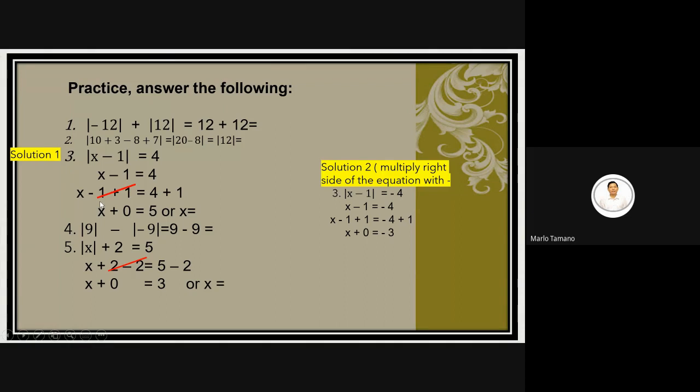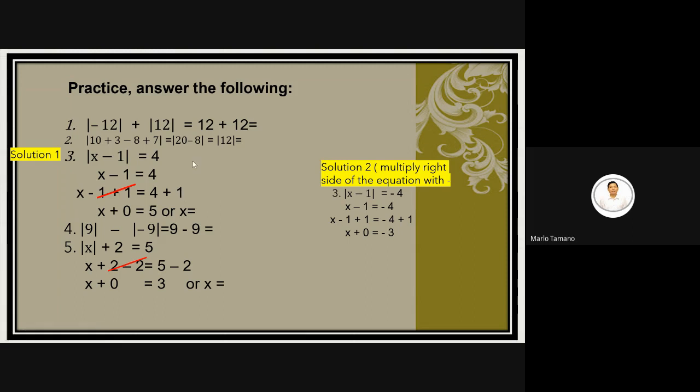So ilabas ninyo si x minus 1 from the absolute. X minus 1. Then bring down 4. Siyempre, kopyahin ninyo yung equal symbol. Then copy the x minus 1 plus 1 is equal to 4 plus 1. That is under addition property of equality.